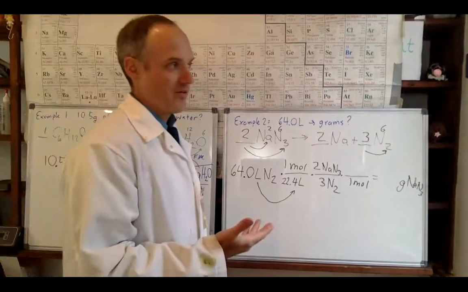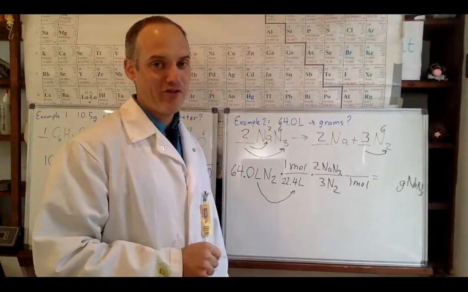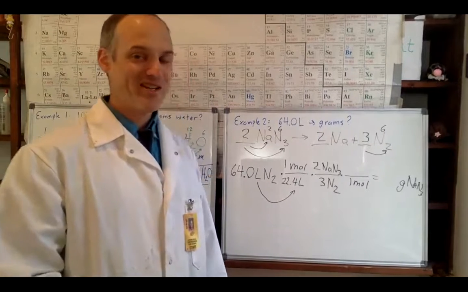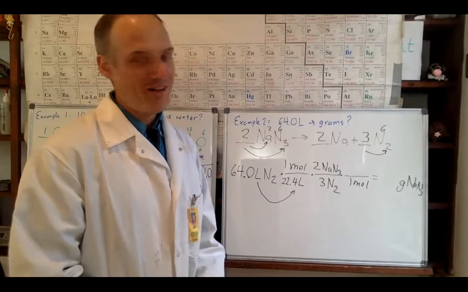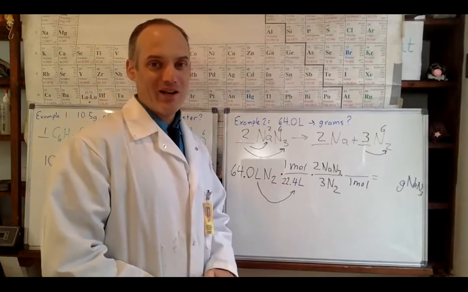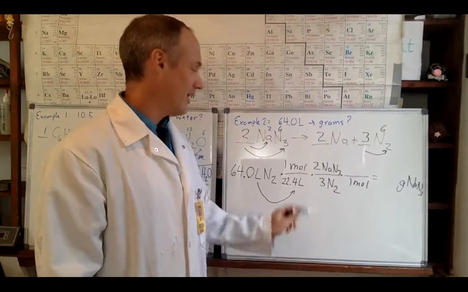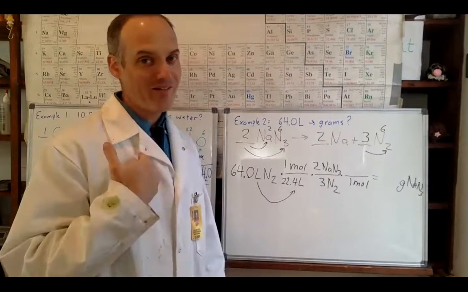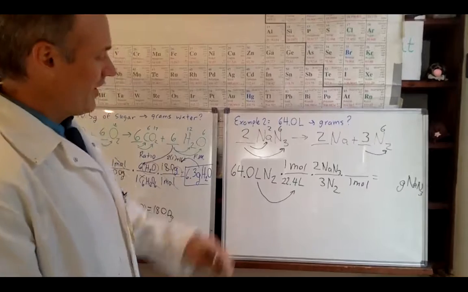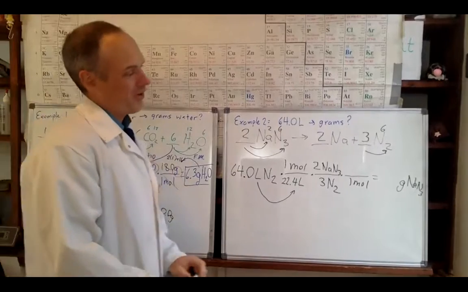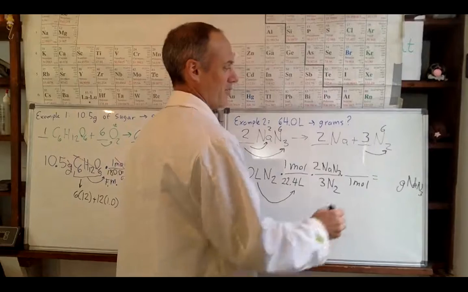So if you tried to, for Volvo, do this calculation and use your STP conversion, you would get fired because you'd be killing pedestrians left and right. Your airbag would not function correctly. So you would have to figure out what temperature and pressure the airbag actually would be at and adjust this constant. But for us, we're just some lowly honors chemistry students. We're going to stick with the 22.4 there. But when you're working for Volvo, make sure you use the actual number.